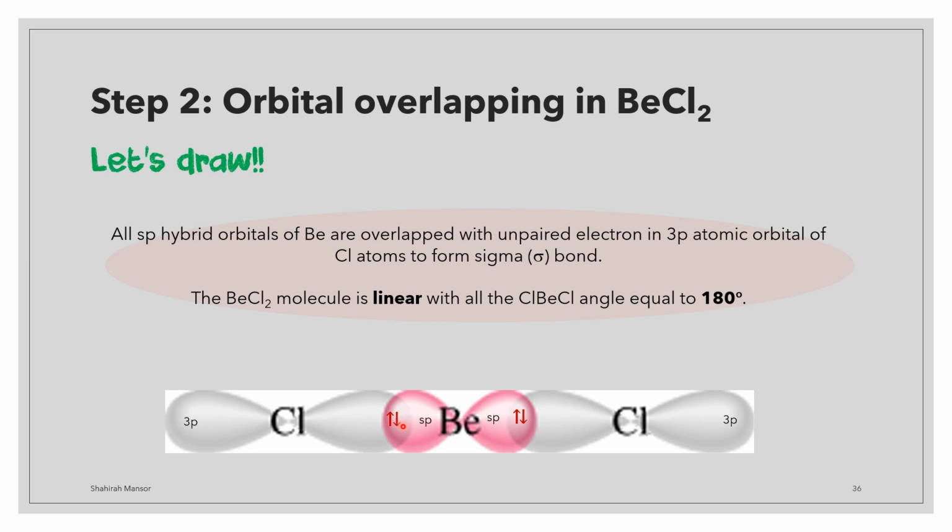So, all sp hybrid orbital of beryllium overlap with unpaired electron in 3p atomic orbital of Cl to form 2 sigma bonding. So, the molecule is in linear shape. And the bond angle between Cl, beryllium, Cl is equal to 180 degree.